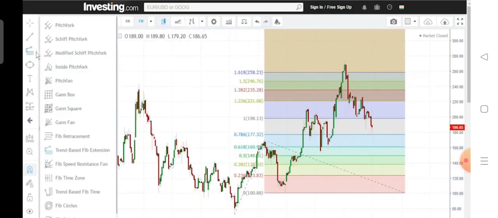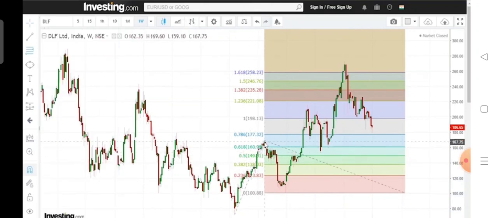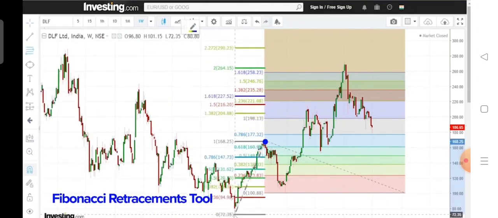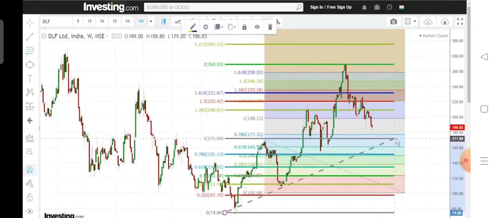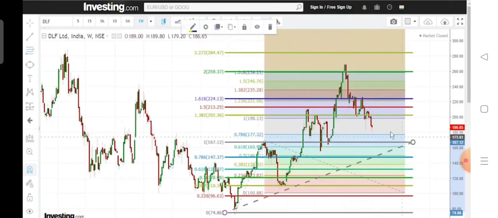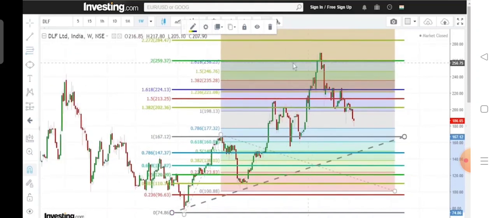Now let me draw the projections based on this level. So I will go here and select the Fibonacci retracement tool, and I draw the lines here. I just want to extend the line from here. As we can see, this line potentially acted as the final resistance from where the market corrected.